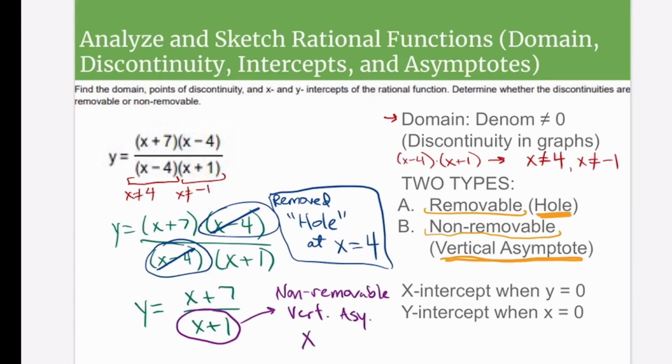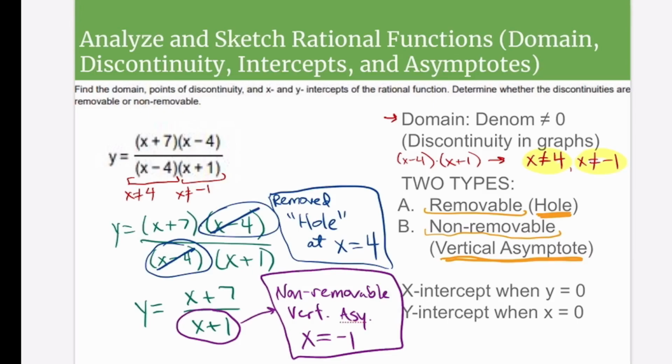So our vertical asymptote is when x is equal to negative 1. So both of those values, the positive 4 and the negative 1, we cannot use in our graph. But they're going to look very different when we do these.